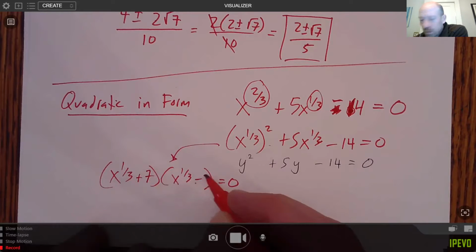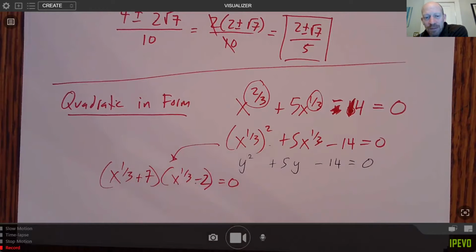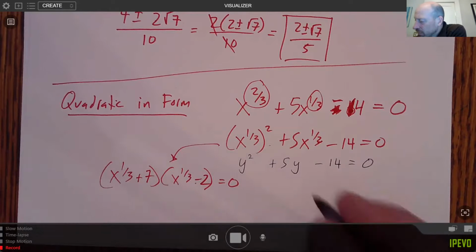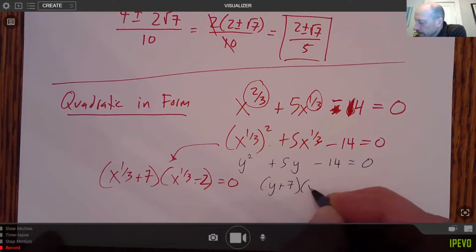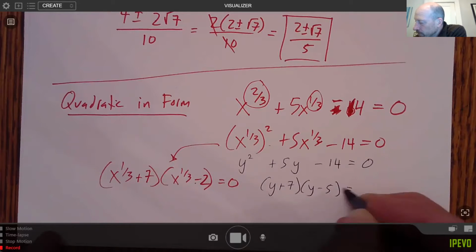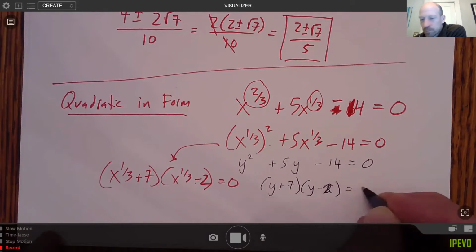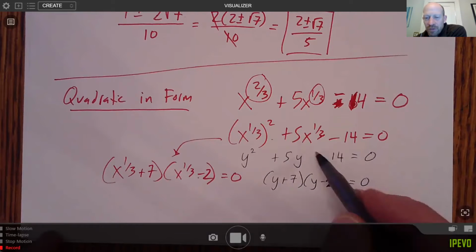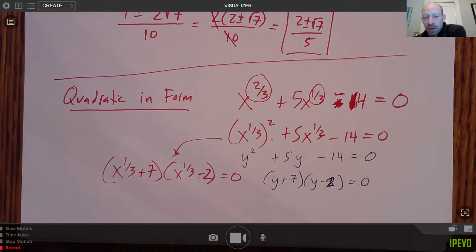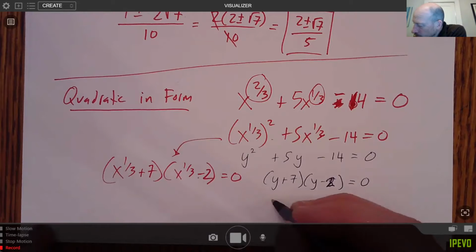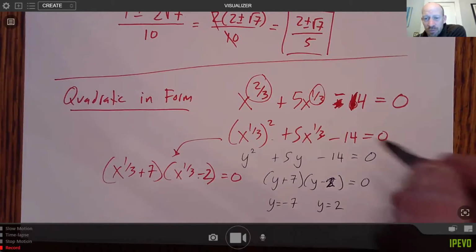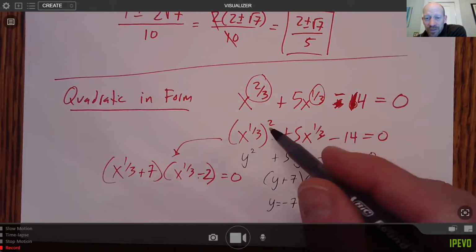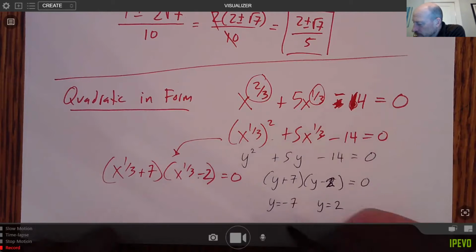So it turns out you have to have plus 7 and minus 2. That's how you factor it if you were looking at it as a y squared. So here you would get y equals minus 7 and y equals 2. But you'd have to remember that it's not y you started with, it's actually x to the 1/3.